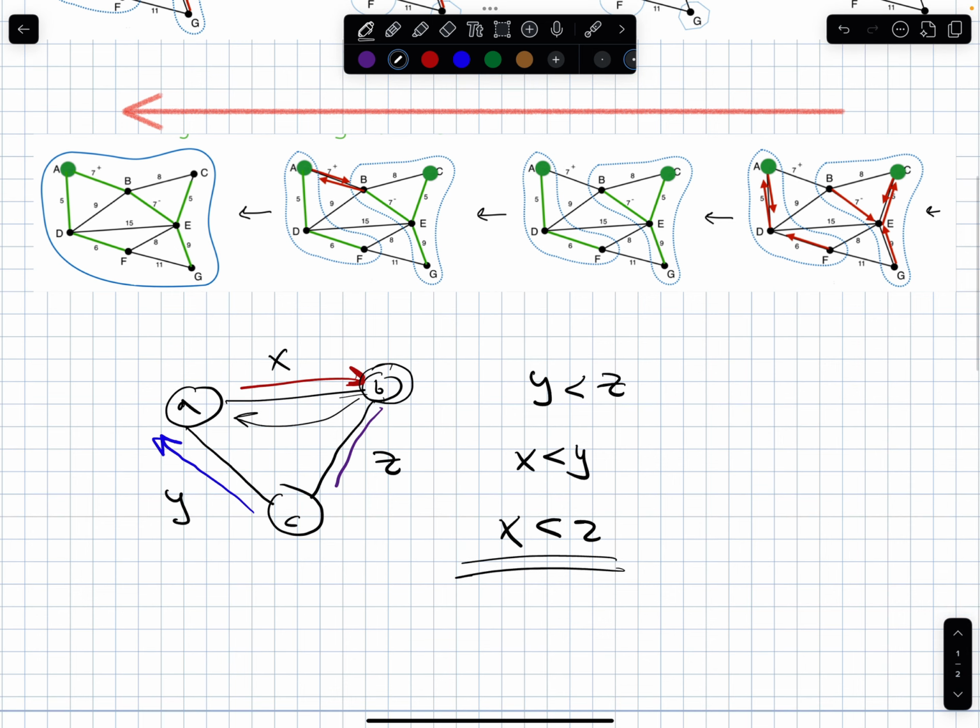There has to be one connection where they choose the same one.